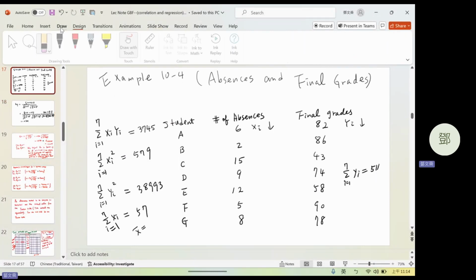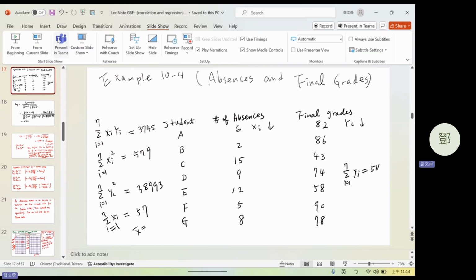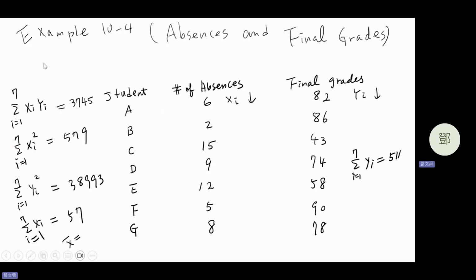So what you will see in the final exam is the value for this formula. You have to obtain this cell. Why? Because there are only 7 numbers. And you will have to obtain this all by yourself. Okay?